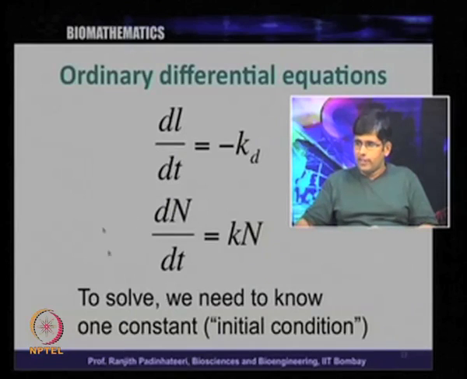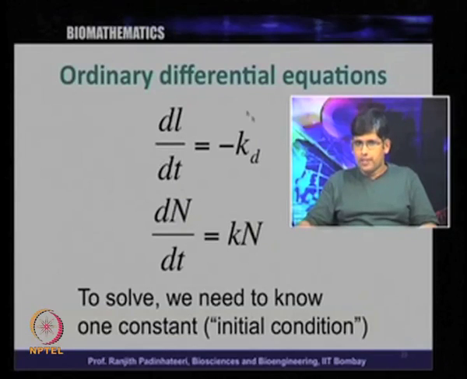So, such differential equations, two examples, dL by dt is equal to minus kd or dL by dt is equal to plus kd, this describes the rate of change of length, the length increase or length decrease depending on the plus or minus sign. The number increase is described by this equation.